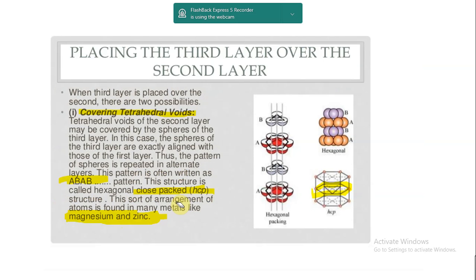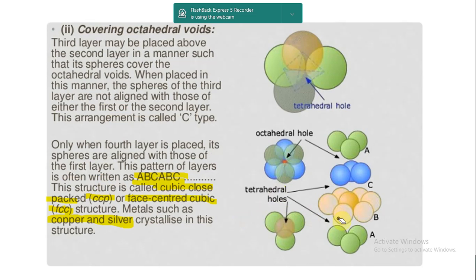We just saw how the tetrahedral holes are created earlier, in the first and second layer. It means tetrahedral holes are created earlier than the octahedral holes. So tetrahedral holes can be covered with the AB type of arrangement, but octahedral holes are created only after the placement of the third layer, so they are covered with the ABC type of arrangement.